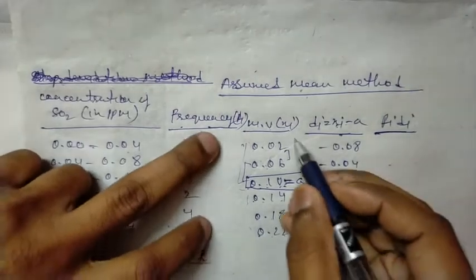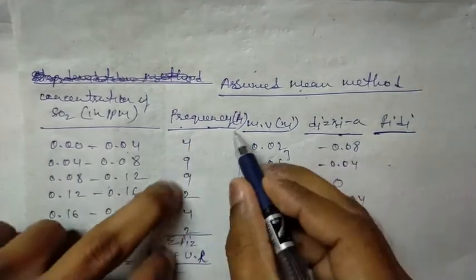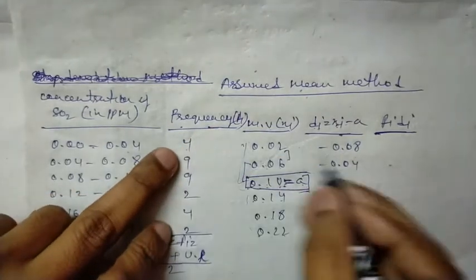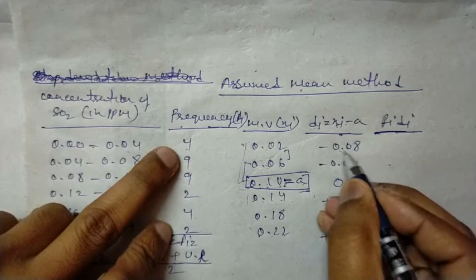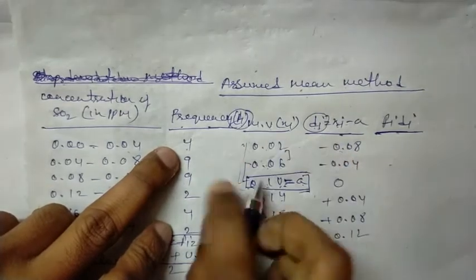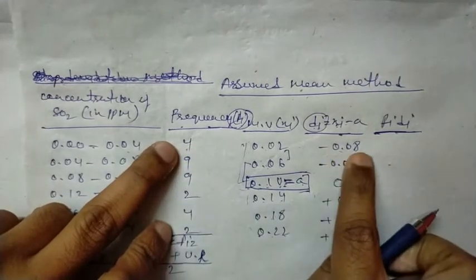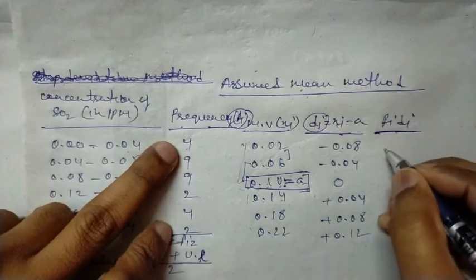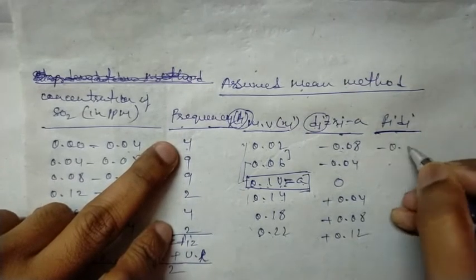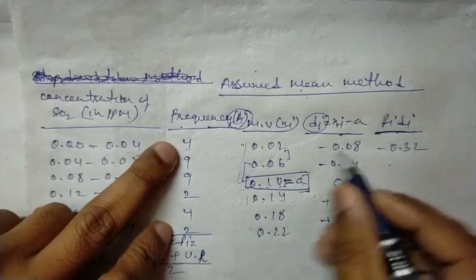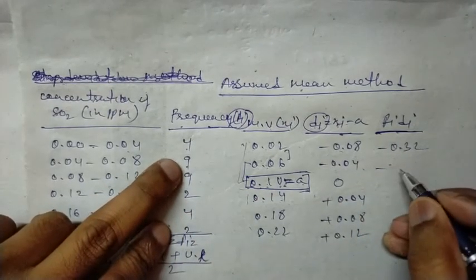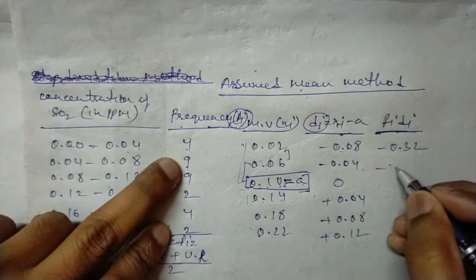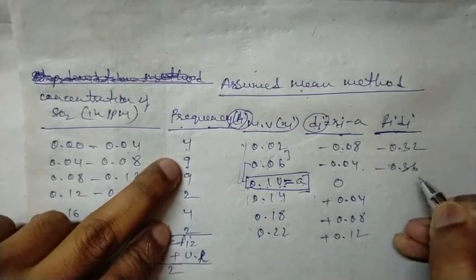Now we have to multiply di and fi. If we multiply, let's see what we get. 4 into 0.08 will be minus 0.32. 8 4s are 32, 9 4s are 36, so 0.36.